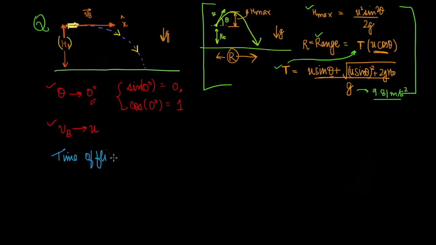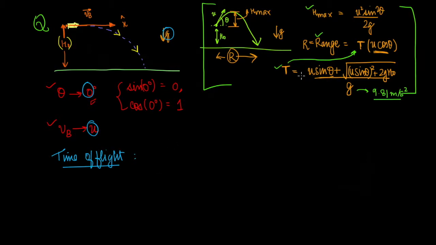Time of flight. If we want to evaluate it, we need to substitute u and whatever the value of theta is, and we take g to be g. We don't specify its value in this case; let's treat it as a variable.